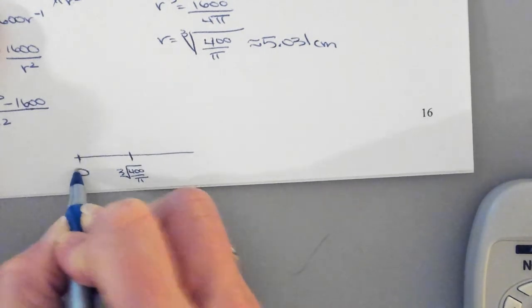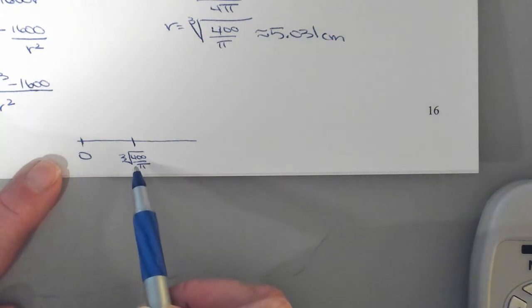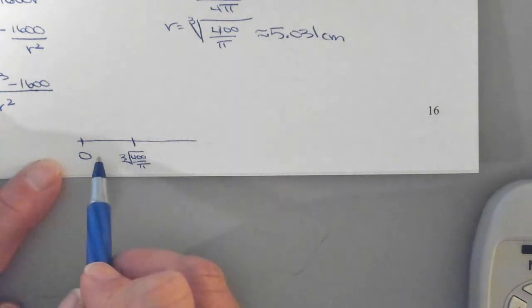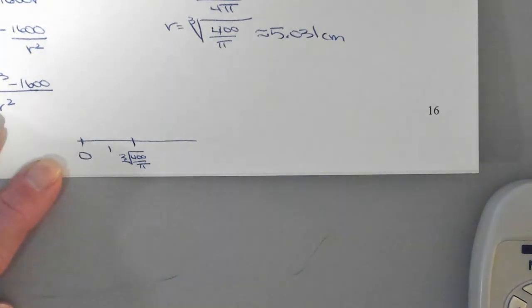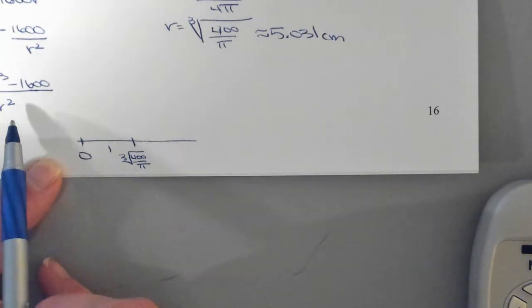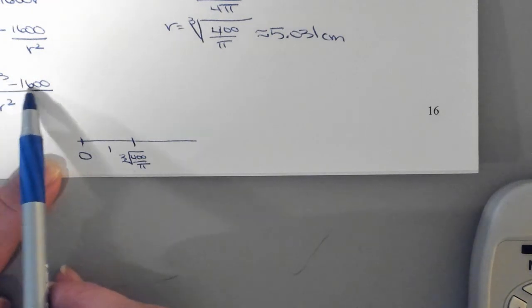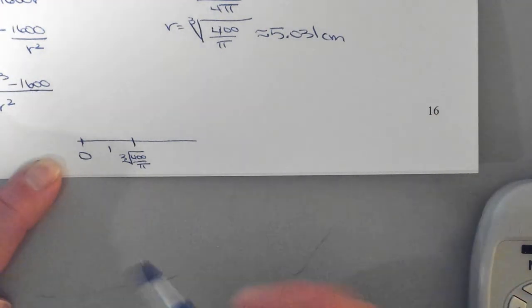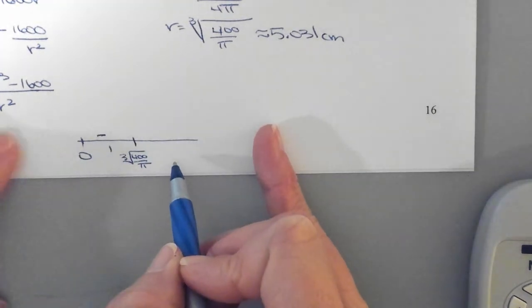Okay, remember we can't use 0, but that is my left-hand marker. If this is 5.031, pick a number that you want to put in here. Okay, pick 1. If you plug in 1, you're looking to see positive or negative. Well, already 4 pi times 1 cubed minus 1600, what's it going to be? It's definitely negative.